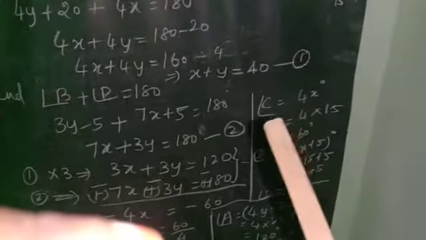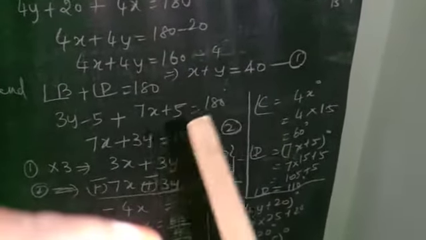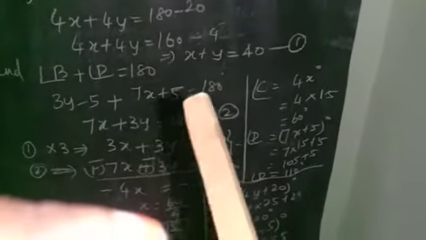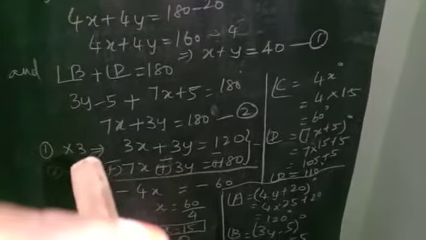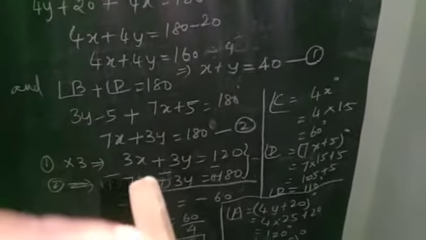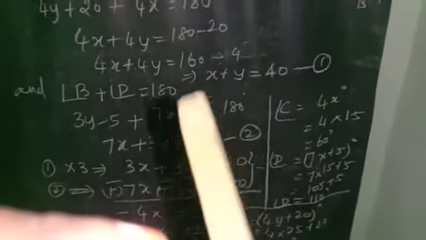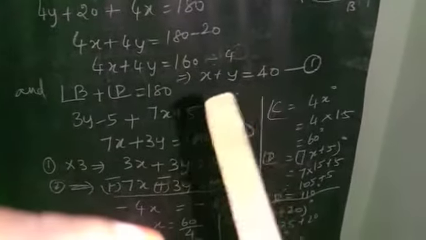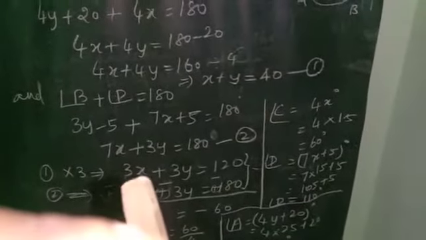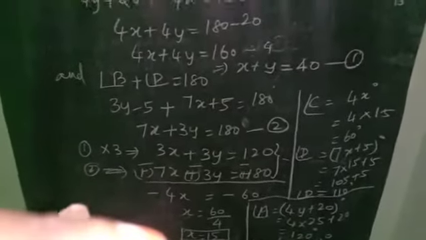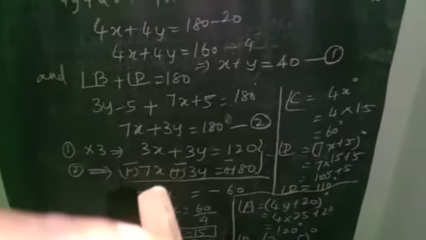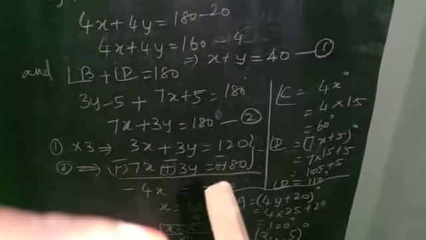Here we cancel any one term. So the first equation is multiplied by 3, and we get 3x plus 3y is equal to 120. The second equation we write as 7x plus 3y is equal to 180.